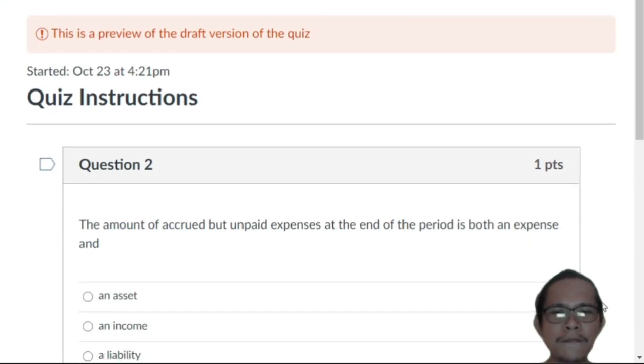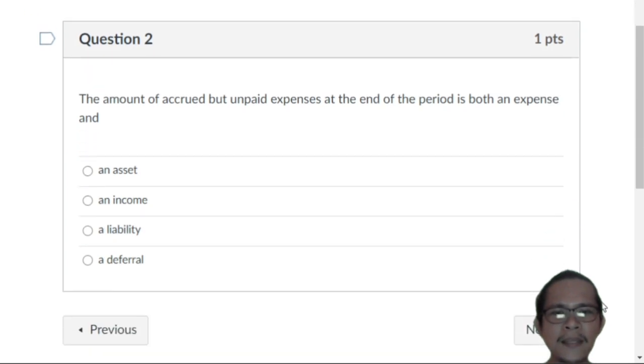The amount of accrued but unpaid expenses at the end of the period is both an expense and an asset, an income, a liability, or a deferral. O remember the duality of an accounting transaction. Although isang transaction yan, pero dual effect.